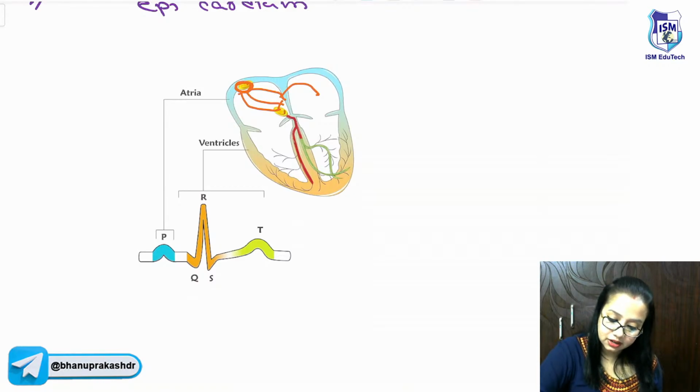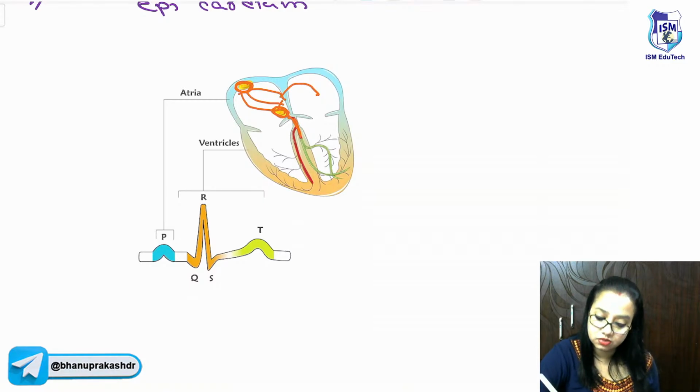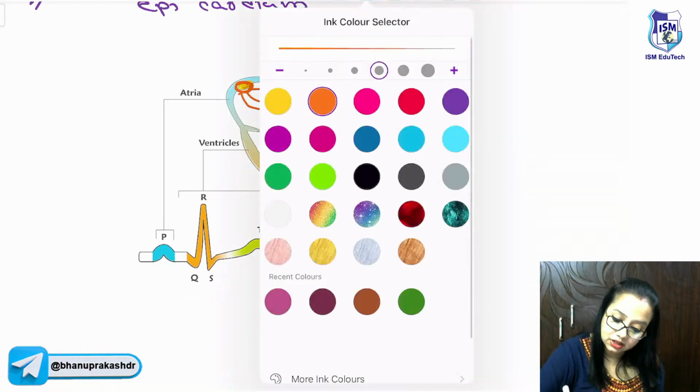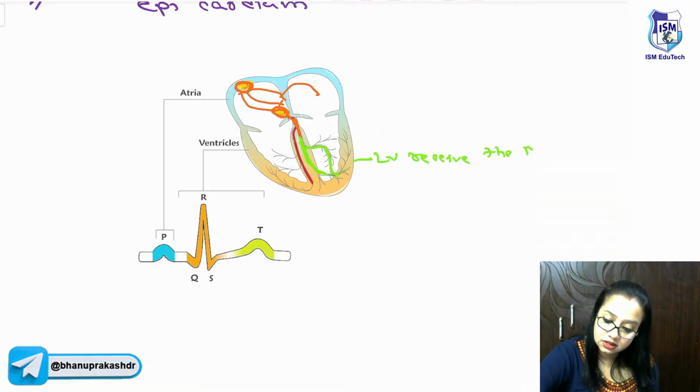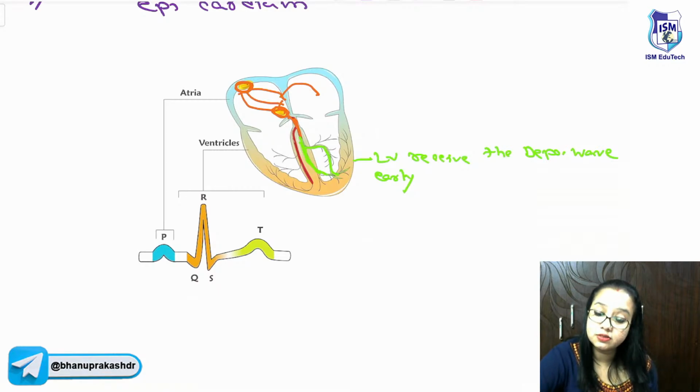So, from the left atrium, it goes to the AV node. Now, from there, through the bundle of His, it goes and starts moving. Now, the first structure to get the wave of depolarization is always the left endocardium. Then it sweeps the major part of the left ventricle. Remember, the left ventricle receives the depolarization wave a little early. Then it goes to the right ventricle.